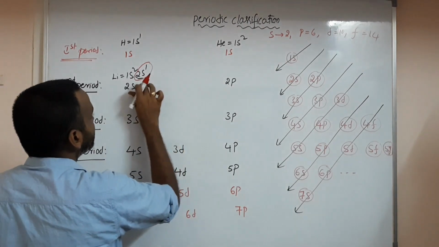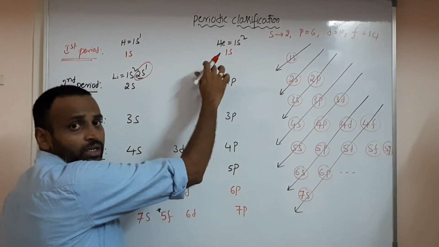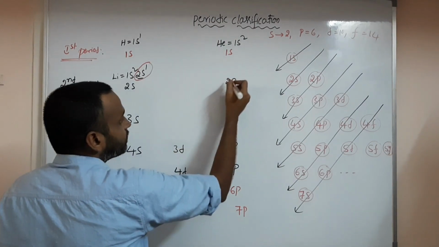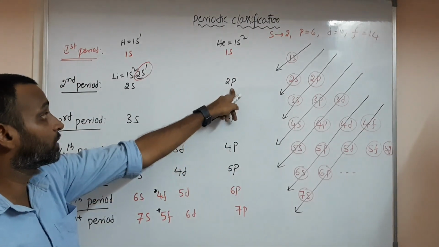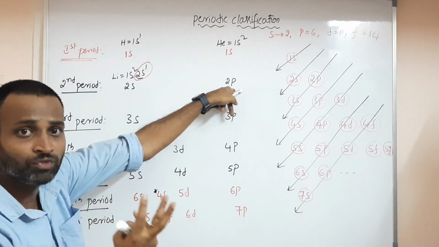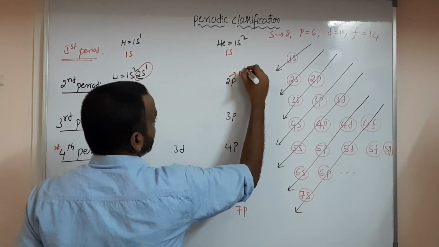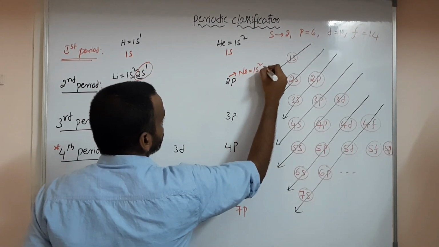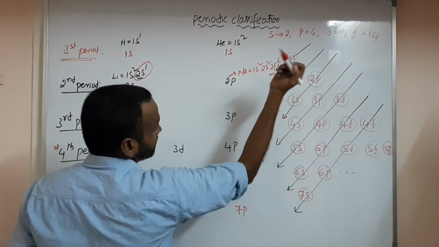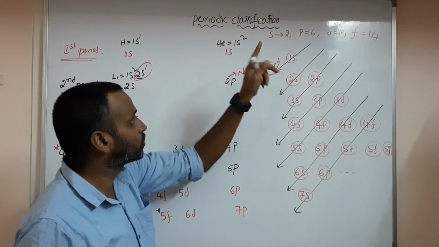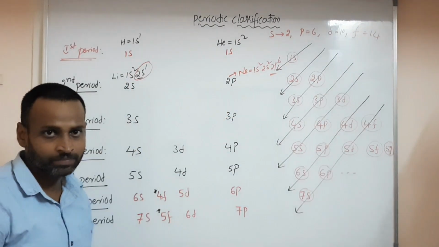Like that, lithium, beryllium, boron, carbon, nitrogen, oxygen, fluorine, and till neon. Because P can have 6 electrons, means 6 elements you can place in P, because it starts with 1 and ends with 6. Suppose if you see neon, 1s2, 2s2, 2p6. So the last electron, the sixth electron, is present in 2p. That means neon belongs to the second period.